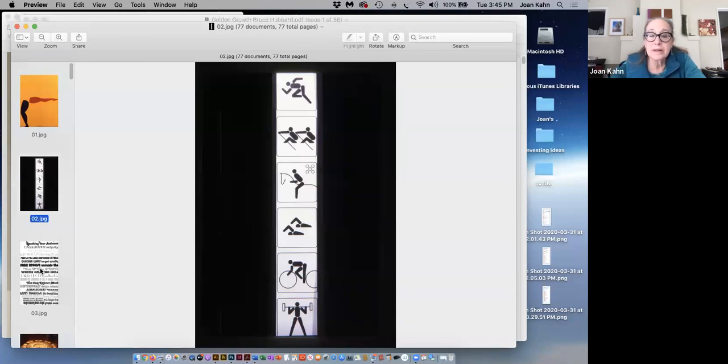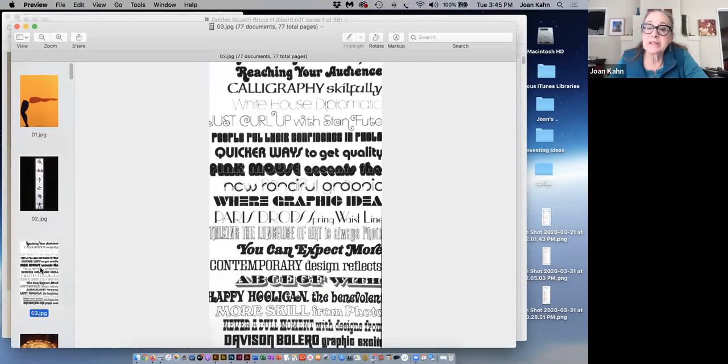So talking about expressive, this is expressive type. There's actually a course at Art Center called Expressive Type. And the typeface conveys the kind of feeling that it was meant to when it was designed. For instance, this calligraphy typeface is very calligraphic.